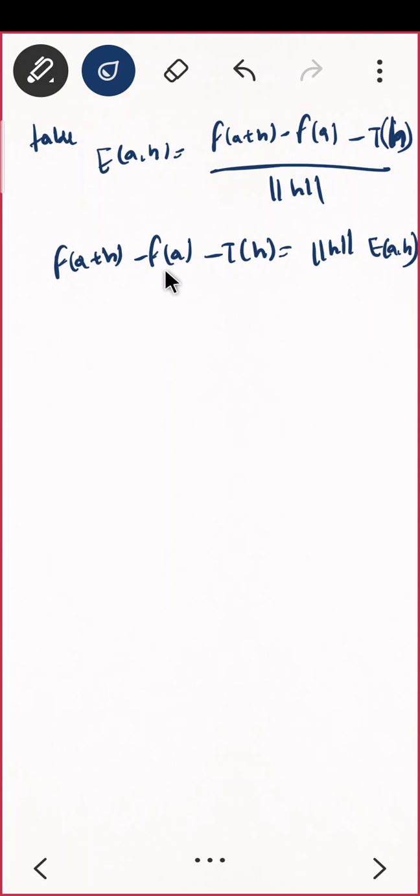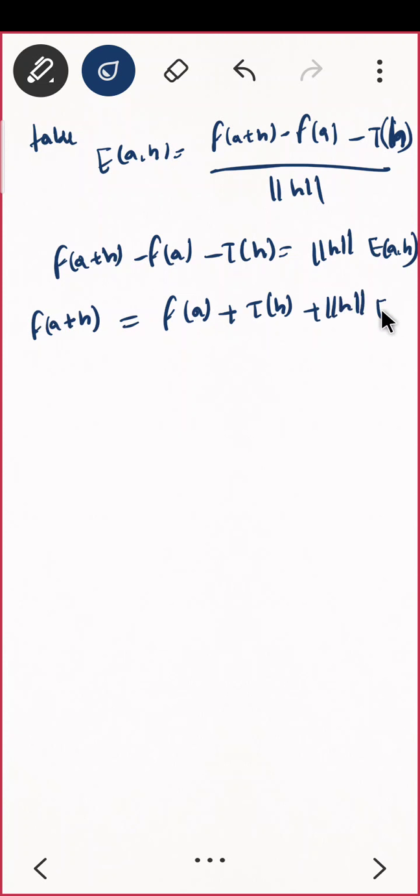Now try to see, f(e+h) is equal to f(e) + T(h) + norm h times E(e,h), correct? Now can you get the value of T(h) from here? Their subtraction should be equal to T(h) into norm h into something.